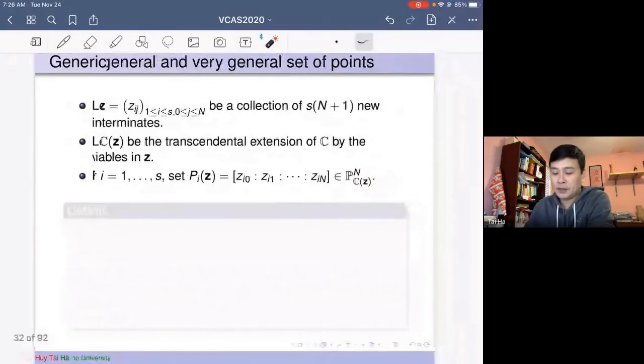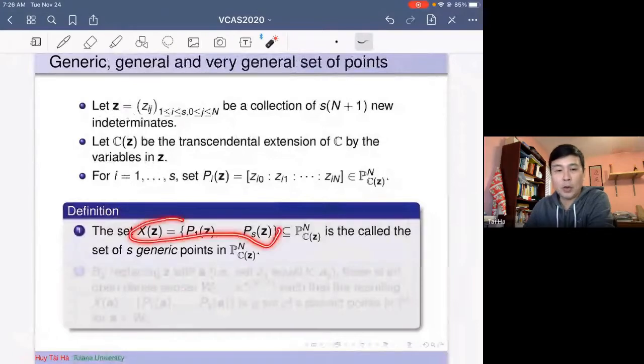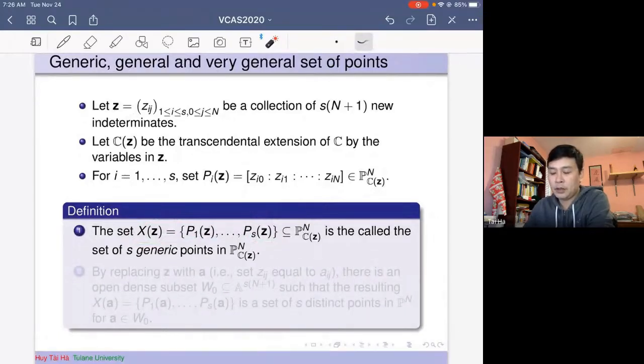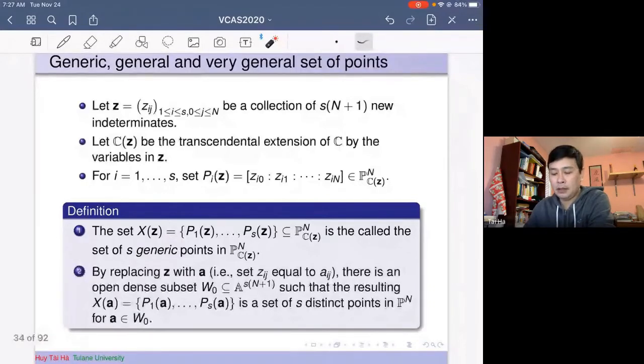The set of these points, there's only one of them, is called the set of s generic points. And a generic point here is inside this projective space over the extended field. Now, there's a way to go back from these generic points to the points that we start with, by substituting A for Z, or by setting Zij equal to Aij.